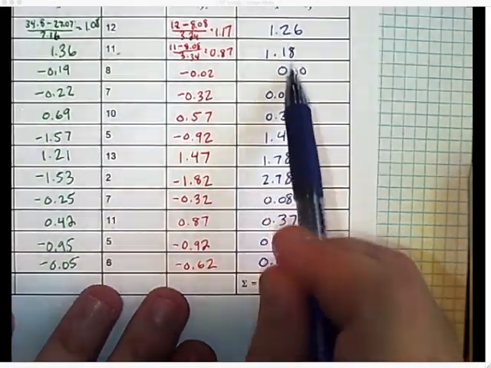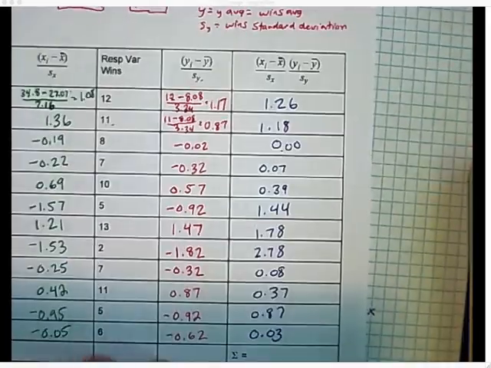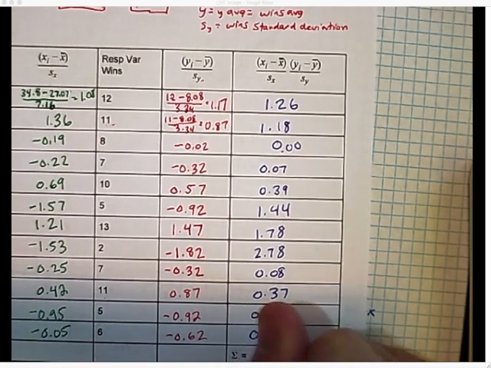So I have to add down this column: 1.26 plus 1.18 plus 0 plus 0.07 plus 0.39 plus 1.44 plus 1.78 plus 2.78 plus 0.08 plus 0.37 plus 0.87 plus 0.03. Do all of that, and the sum is 10.25.